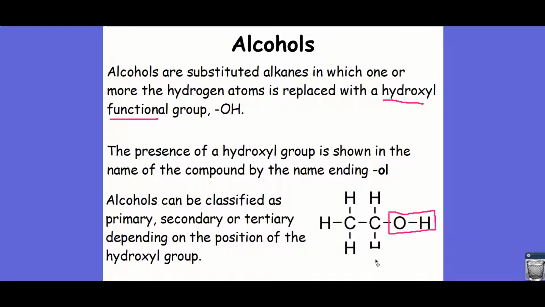You may see an alcohol that has, rather than one hydroxyl group, two hydroxyl groups, and that would be known as a diol. You might see alcohols that have three hydroxyl groups, that would be a triol, and the most common example of a triol that you will have come across before is glycerol.